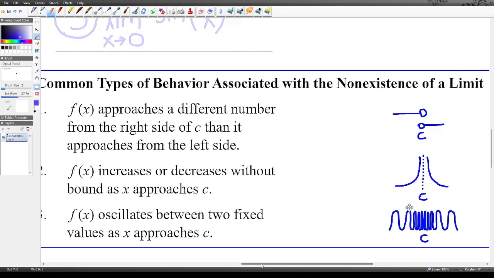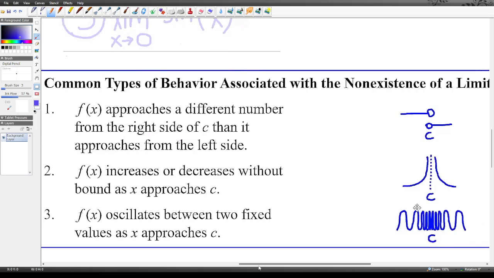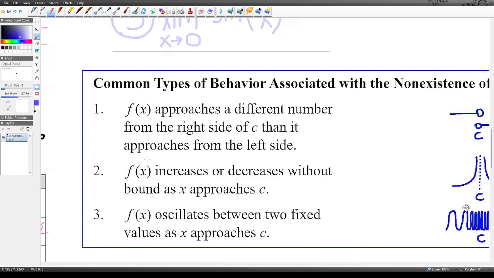For common types of behavior associated with the non-existence of a limit: x approaches a different number from the right side of c than it approaches from the left side. So the limit from the left side has to equal the limit from the positive side.